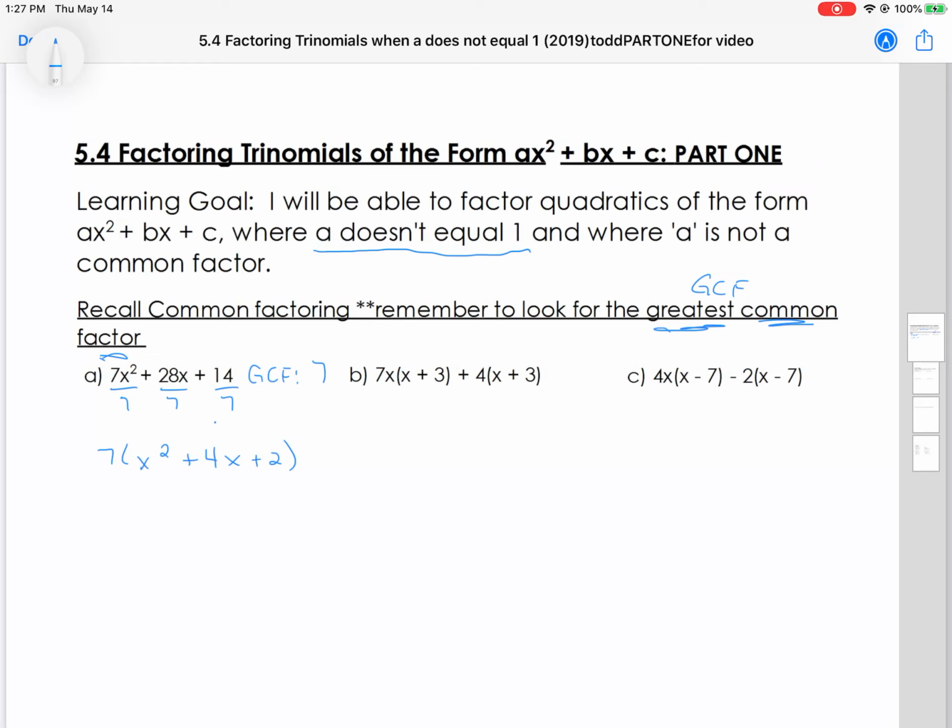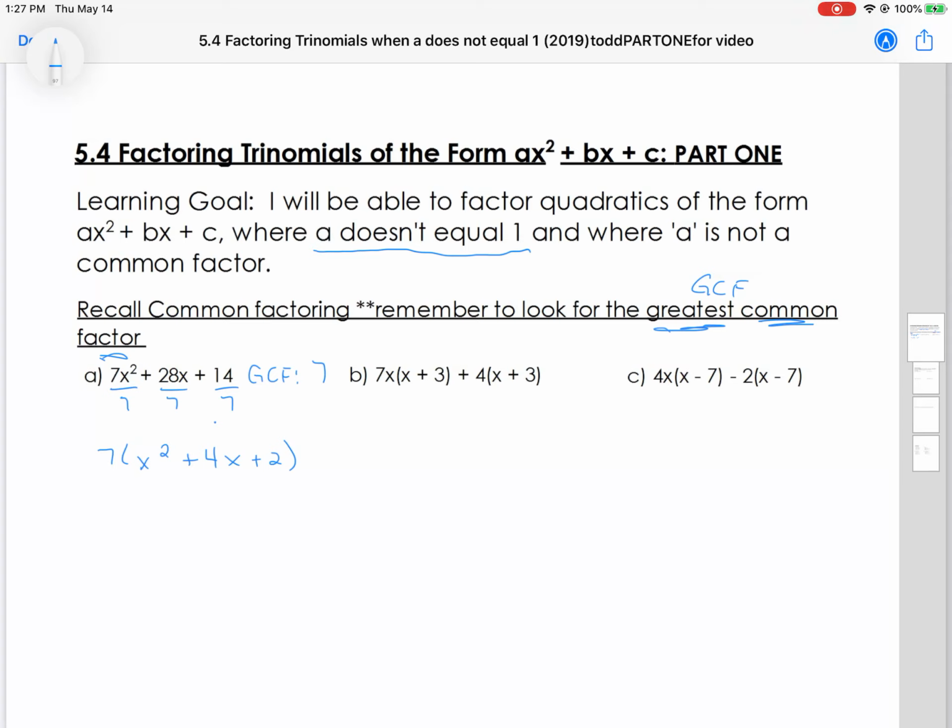If you look at B, 7x times the bracket x plus 3, plus 4 times the bracket x plus 3. That's sort of weird, right? That's not what you're used to. But this is the kind of expression that we're going to build. Sometimes when we do stuff like this, students will ask, well, how does it always work out? And that's the whole point. If an expression is factorable, then it will work out.